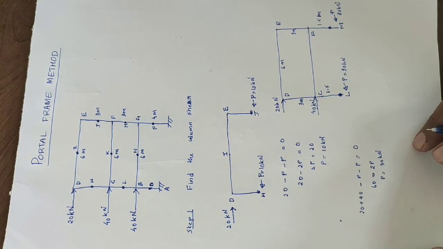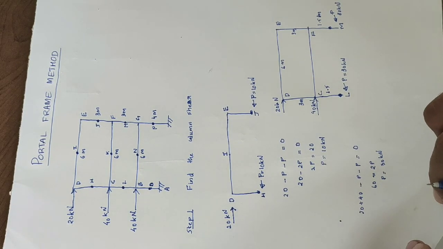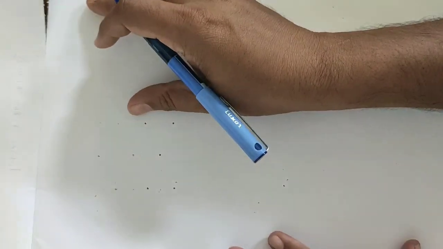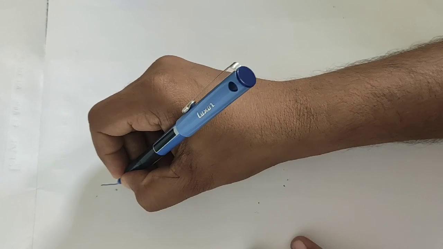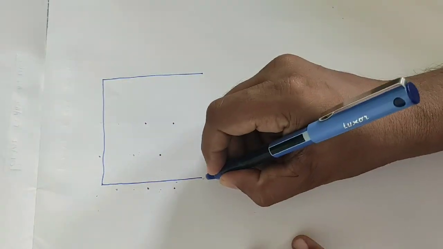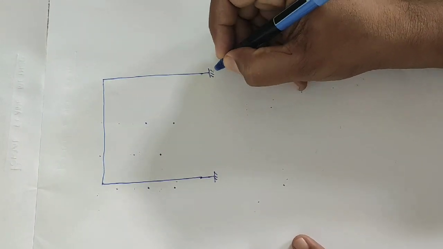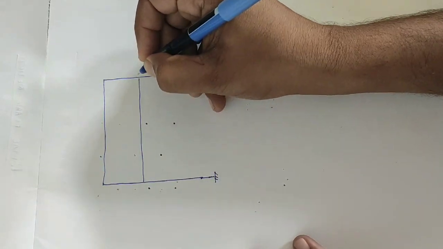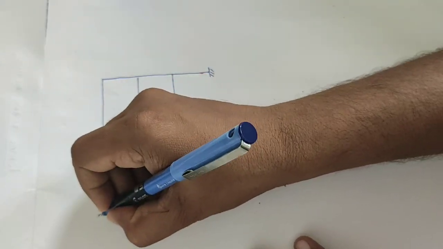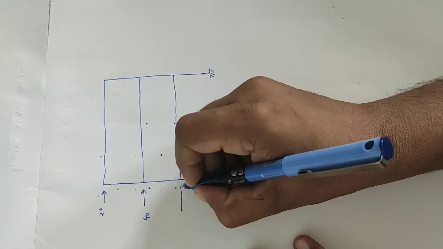Then similarly you can find out the shear at the bottom floor. So if I mark all the shear forces, you can say this is 20, this is 40, this is again 40.